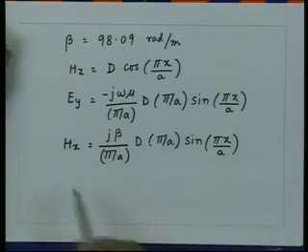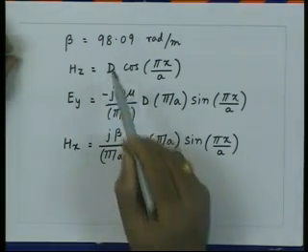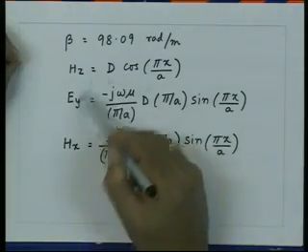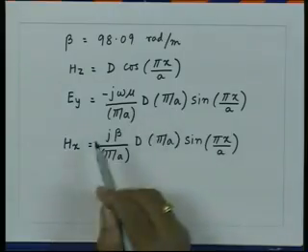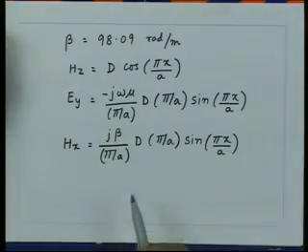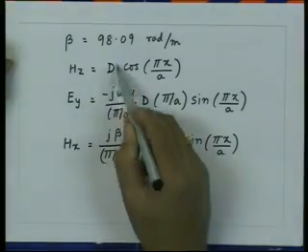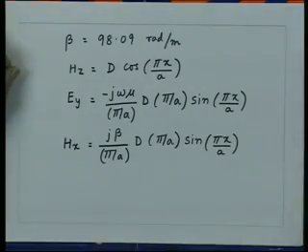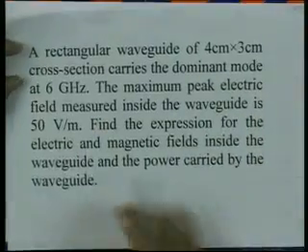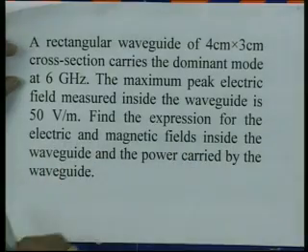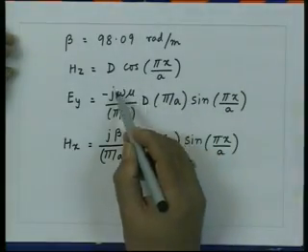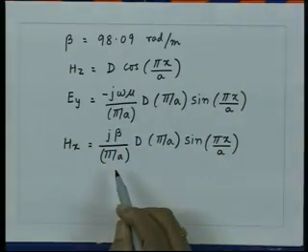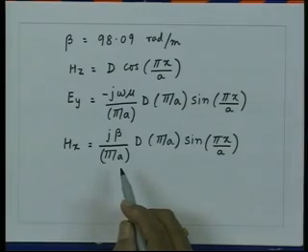So, now what we see here is that this is the constant in terms of which we had derived all the field components. So, Ey was in terms of d, Hx was in terms of d. However, now this parameter d is not given. What is given is the maximum electric field, the peak electric field, which we can measure inside the waveguide, is 50 volts per meter. That means the coefficient of this quantity is 50 volts per meter.